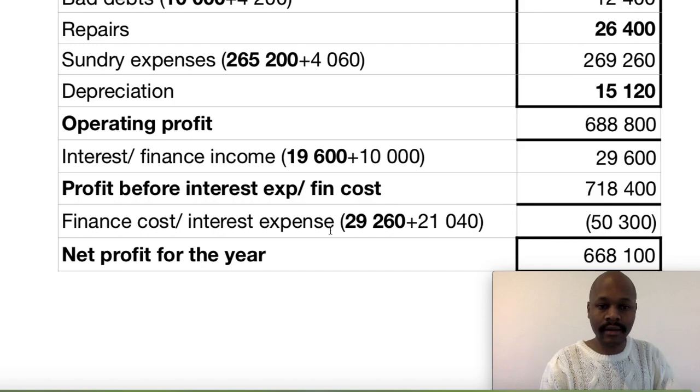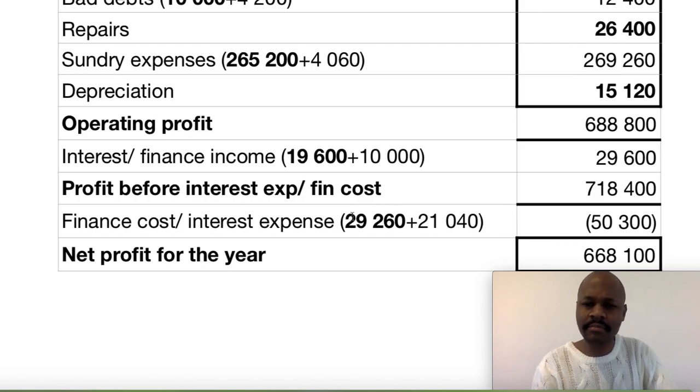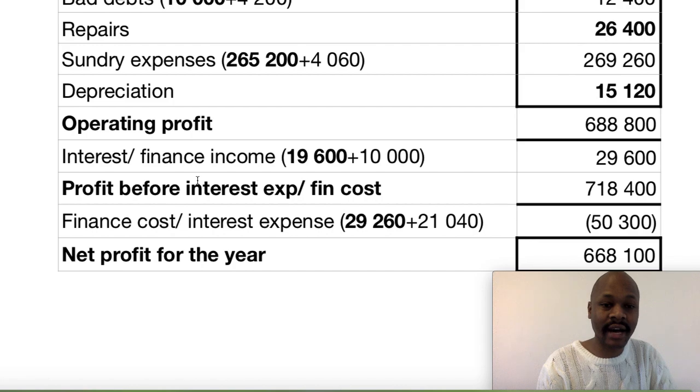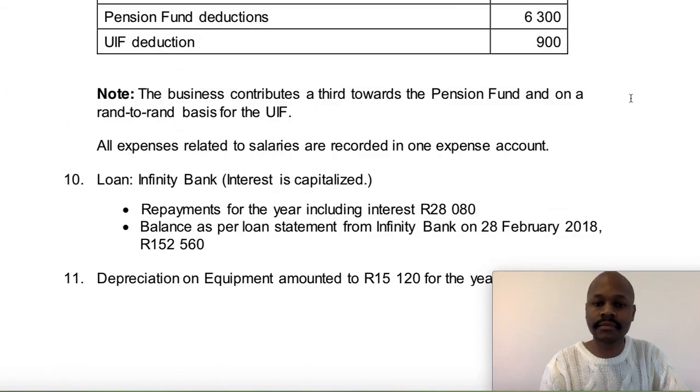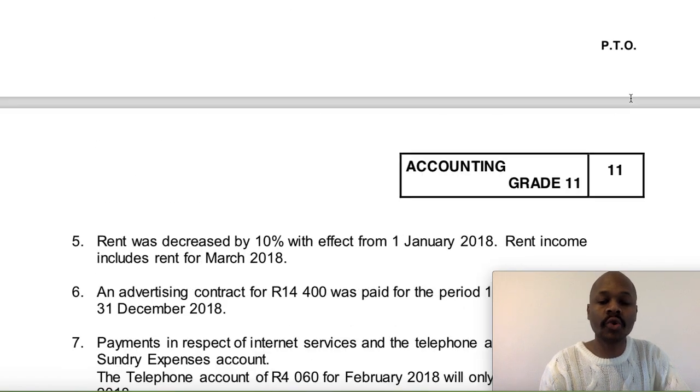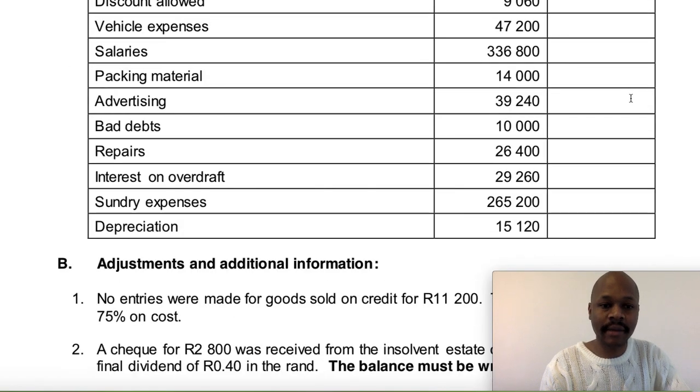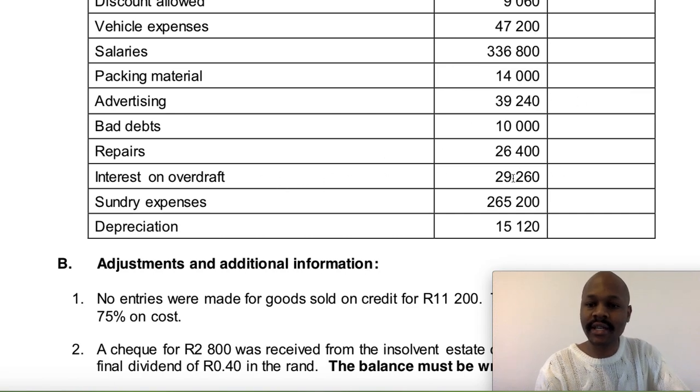They say finance cost or interest expense. Don't worry about interest income and profit before interest expense. We'll come to those. We were already given 29,260. Where did they get that 29,260? Let's go to our pre-adjustment trial balance. The interest expense. Interest on overdraft, 29,260.